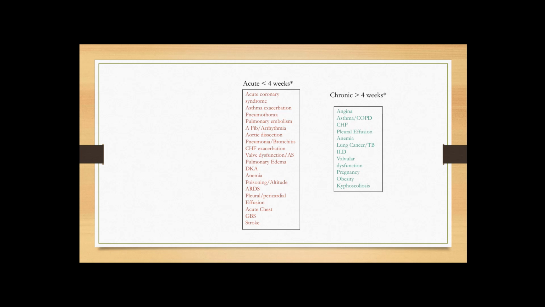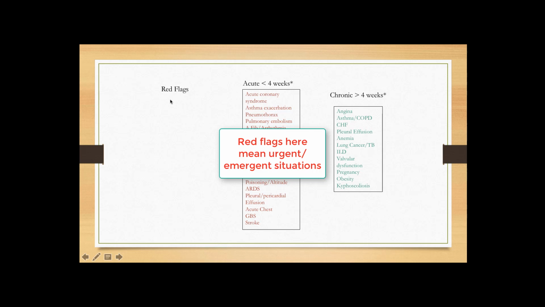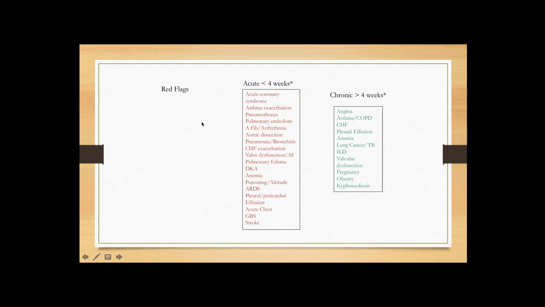But even before we ask about duration, it is important to recognize red flags, because dyspnea is such an alarming symptom. You can see that multiple diseases in this category can cause death. So because it is such an alarming symptom, we must recognize red flags and we must identify if it is a life-threatening emergency right now or not, and what we need to do about it.